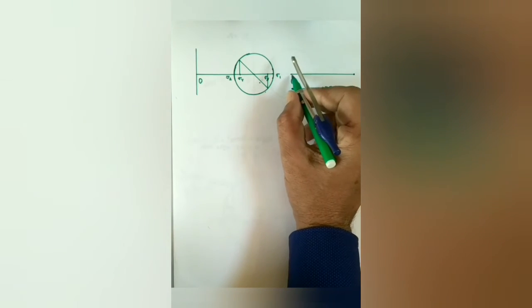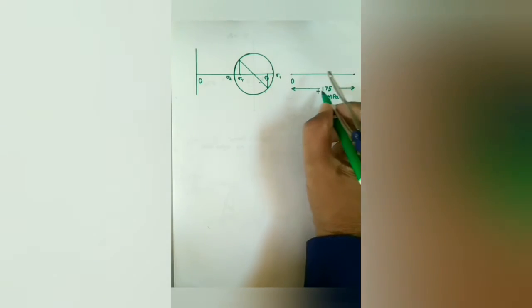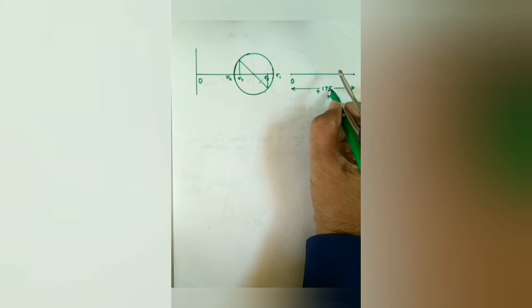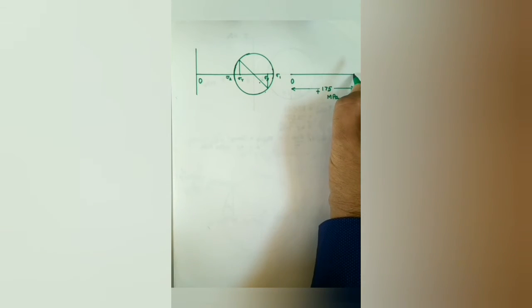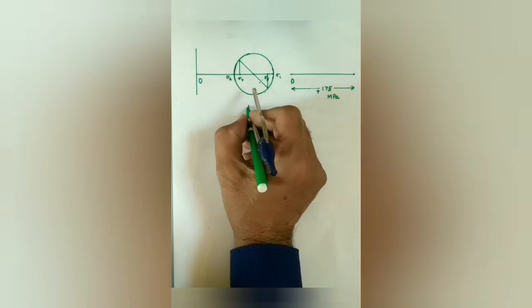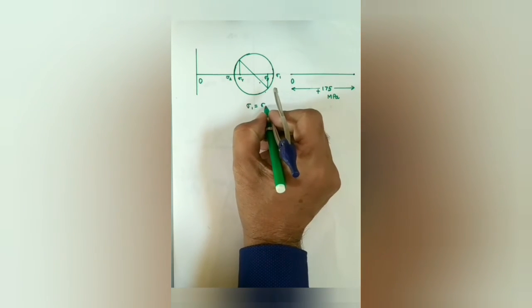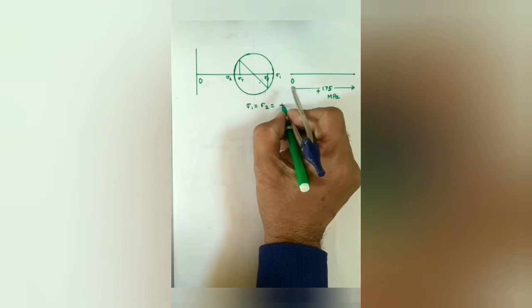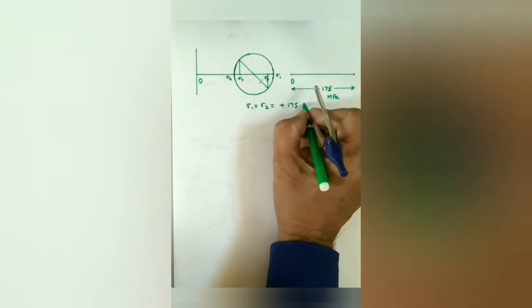It's given that the Mohr circle is just a point at plus 175. So here the intersection point are sigma 1 and sigma 2. Both will also be equal to plus 175 MPa.